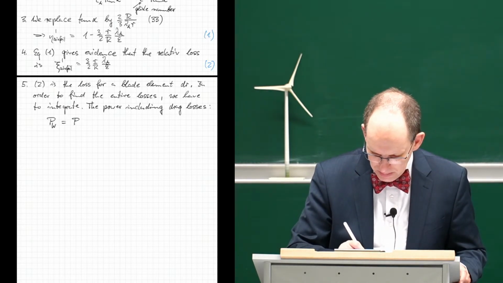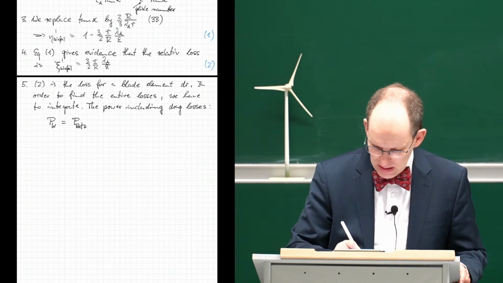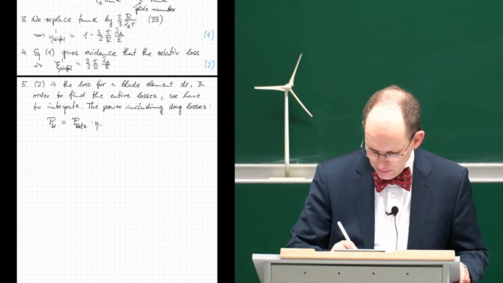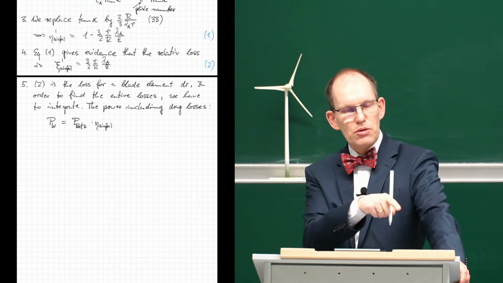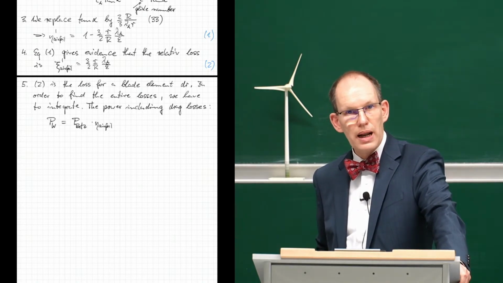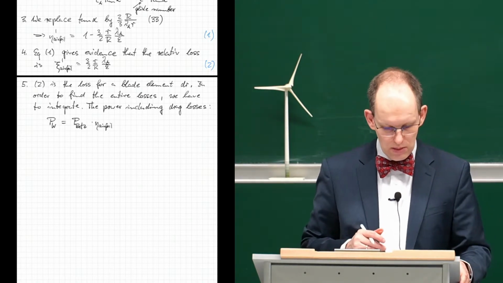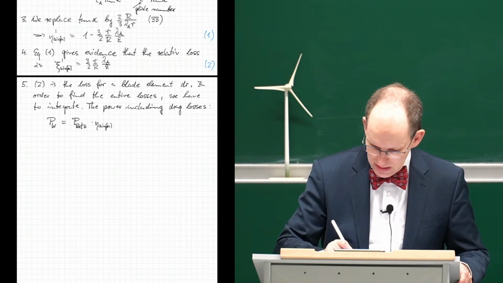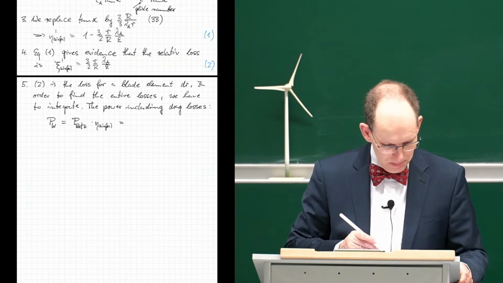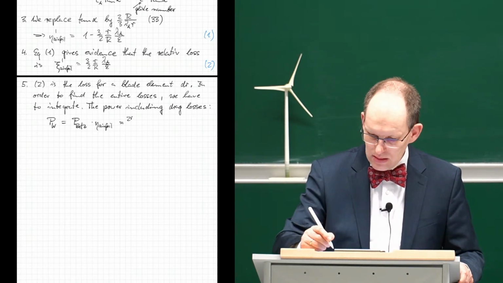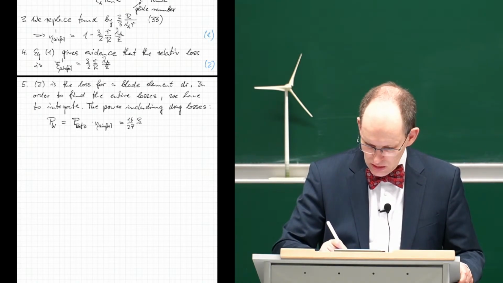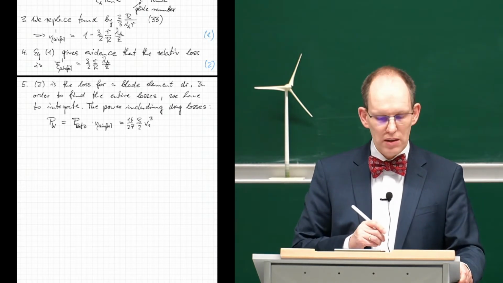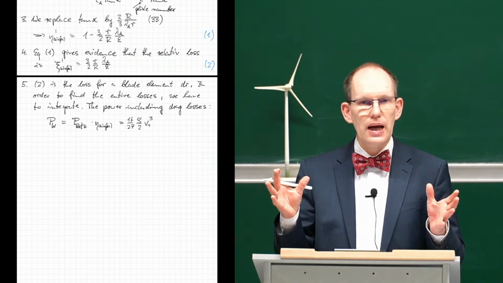So this would be P Betz times eta airfoil. Now I remember what the prime means. The prime corresponds to the losses for a blade element. And now here we have the total losses, the integrated losses. So let's write down the Betz power. This is 16 over 27 times rho over 2 times wind speed cubed. And then we have the area.